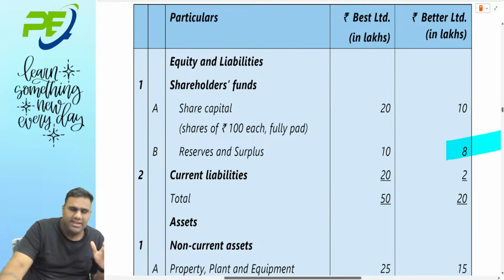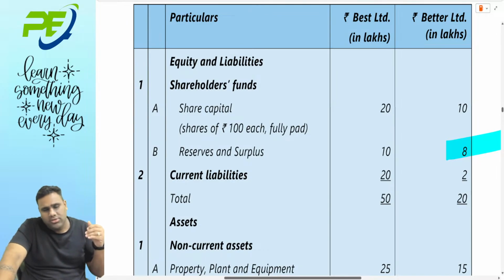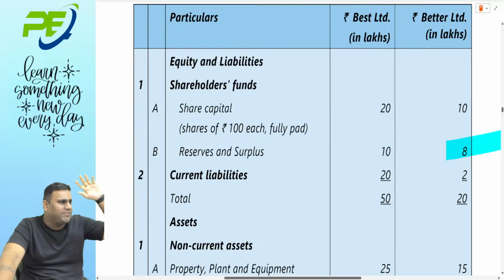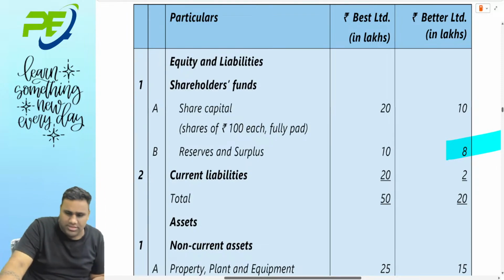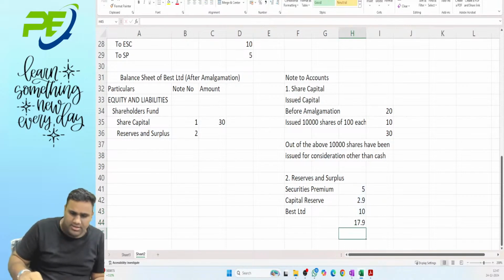Should I write this 8? No, why? We have already given to equity shareholders. So all the three put together 17.9.